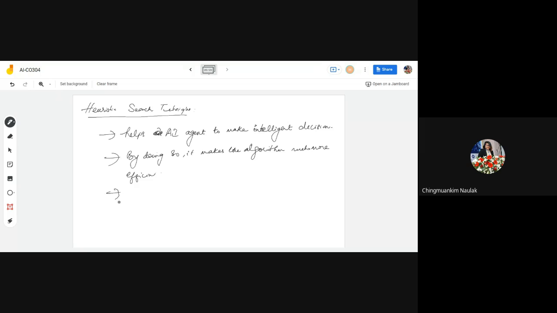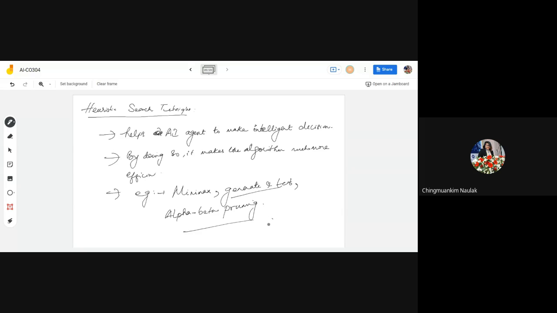Examples of heuristic search technique would be many, but some of them, which I will be discussing in the upcoming lectures, are the minimax algorithm and generate and test. We'll talk a little bit about this. I may give you an assignment or maybe a little overview of discussion on this. And also we'll do alpha beta pruning in detail. Okay, so these are some of the examples of heuristic search technique.